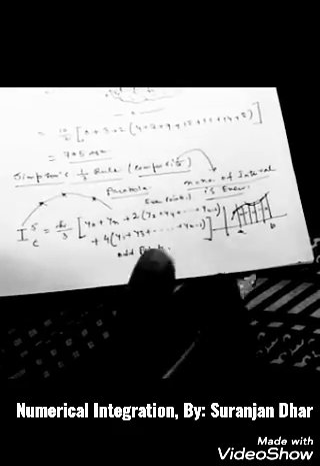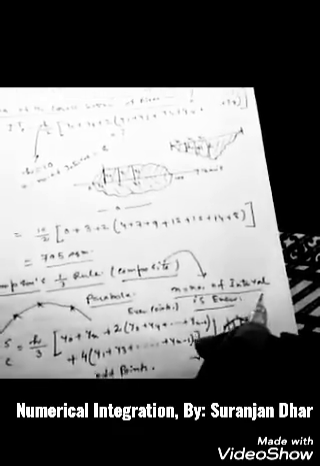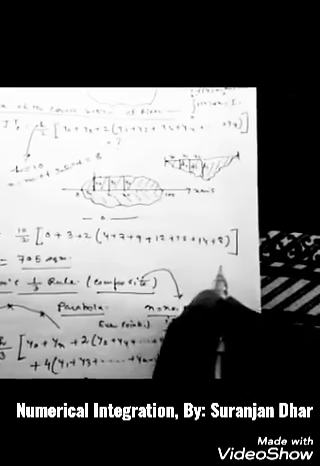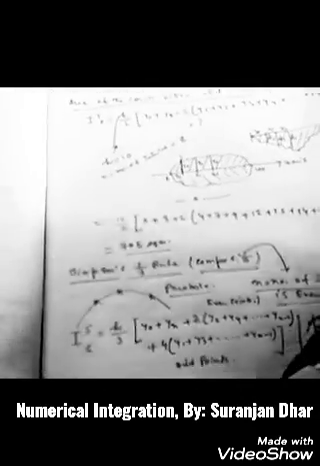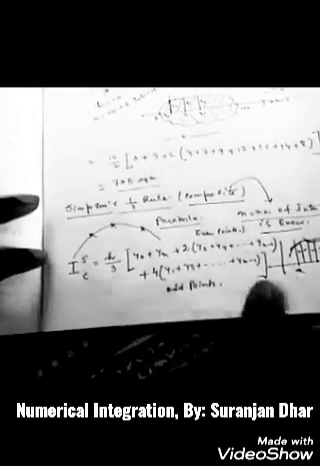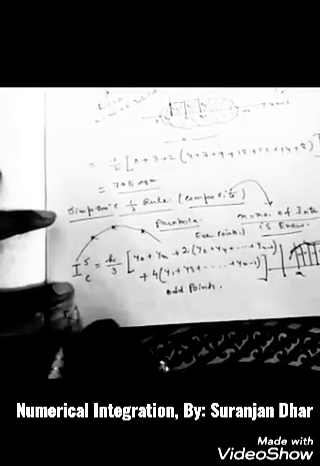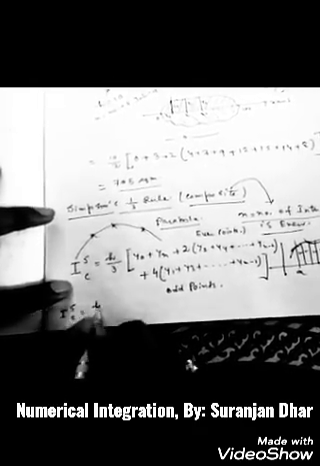So in the previous problem, if we solve it with the help of Simpson's one-third rule, what should be the solution? Now see here, I_SC is h by 3.